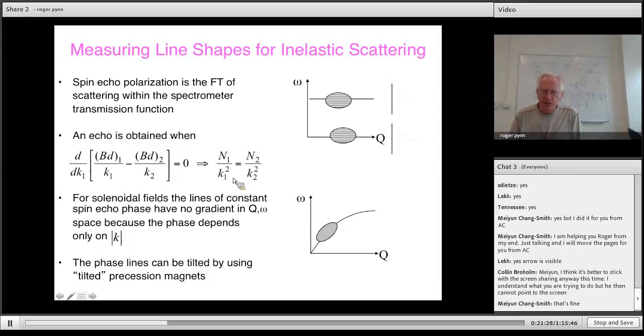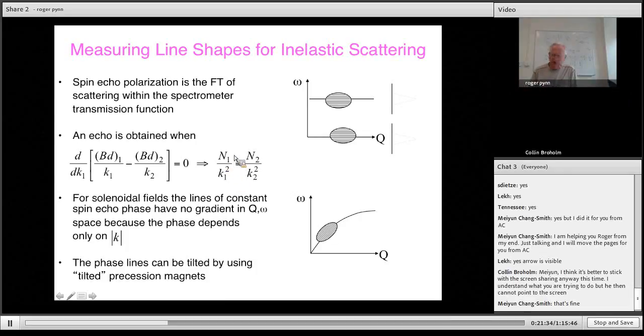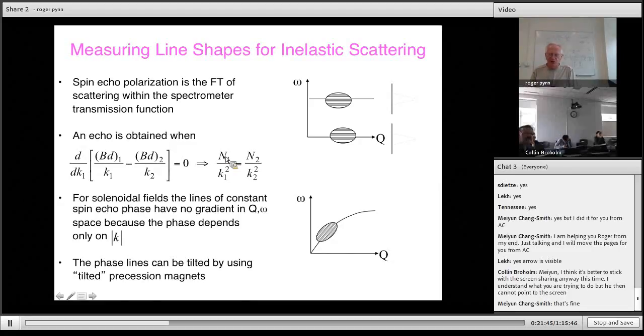So, this N was a view graph that I should have corrected, because I've been using phi as the phase, and this N was from a view graph where I just called it the number of turns of the spin precession.